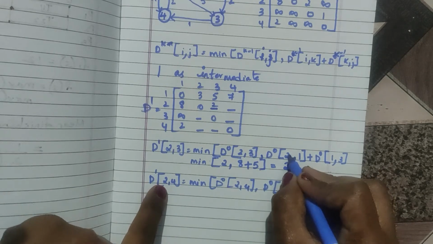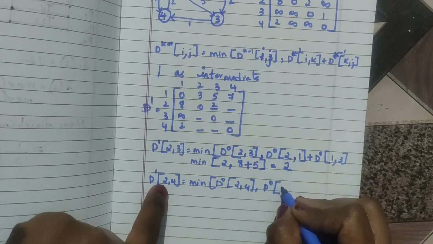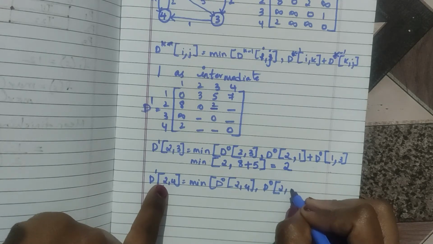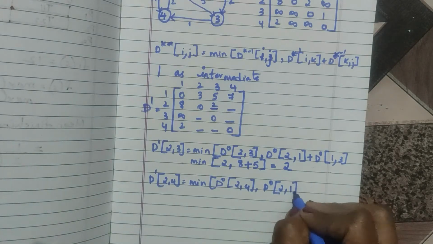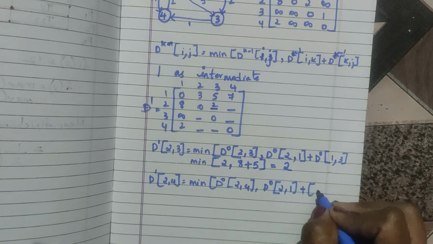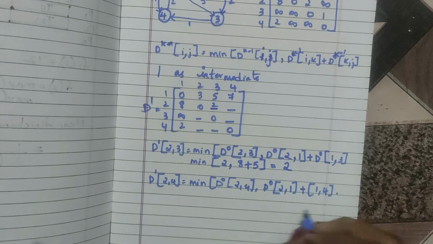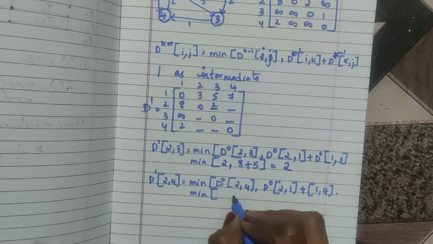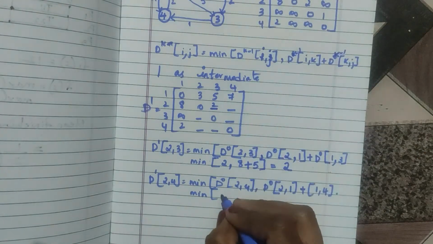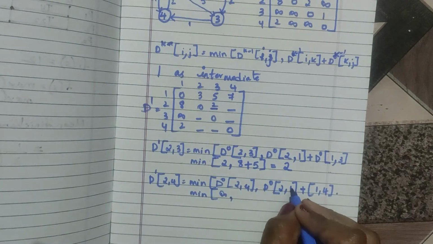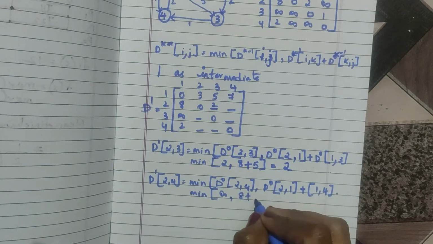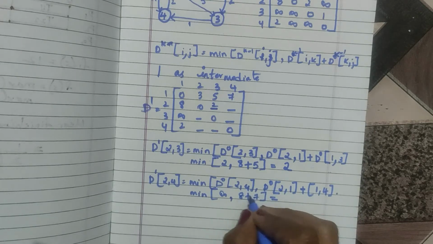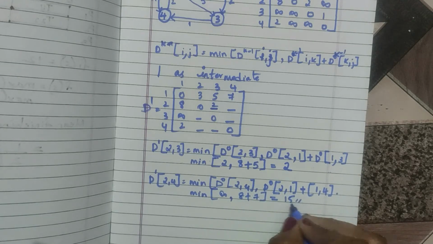Now i is 2 and k is 1, plus 1 comma 4. From the D0 table, 2 to 4 is infinity, and 2 to 1 it's 8, plus 1 to 4, it is 7. So which is the minimum value in this? 15 is the minimum value because the other is infinity, it is endless.